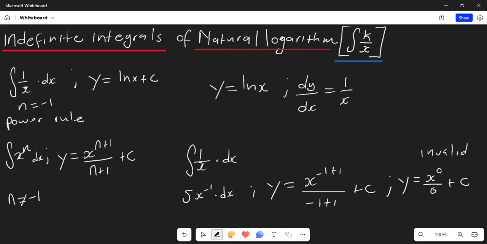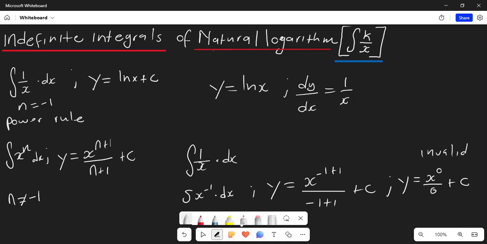Now be very careful, because when x is on the denominator, the power is supposed to be negative, and when x is on the numerator, it is supposed to be positive. So be very, very careful there, guys. Okay, all right, so let me show you some examples that might confuse you when you use this method.